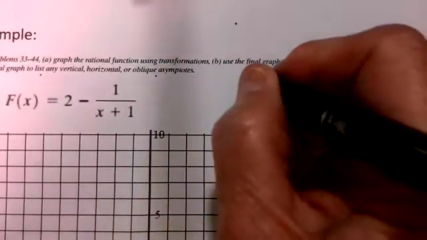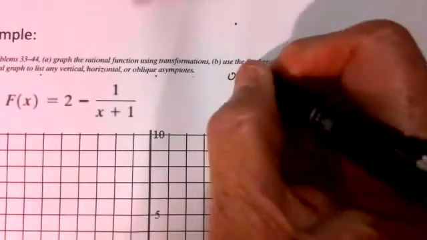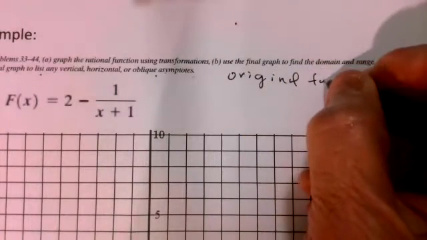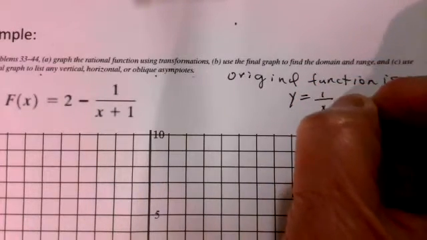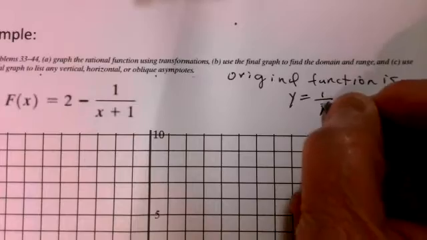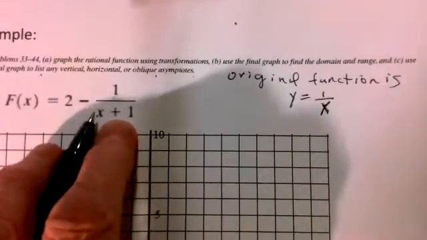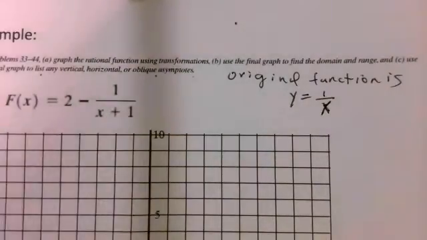Here, the original function is y equal 1 over x. And now we're also going to look at y equal 1 over x squared, but I know that this is a transformation of 1 over x because the x here in the denominator is not squared.